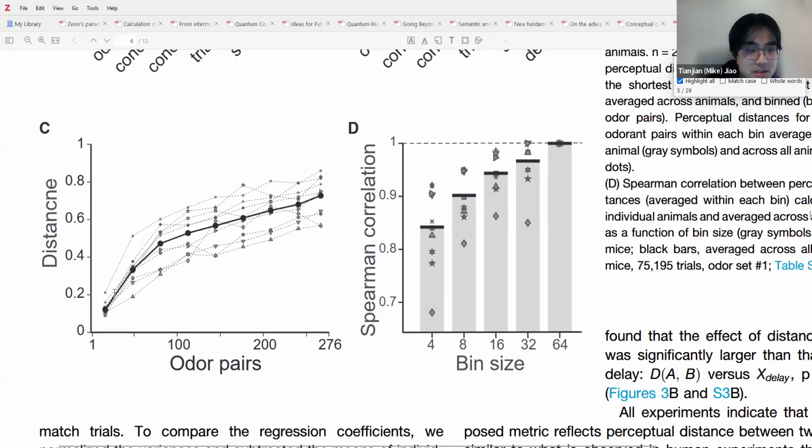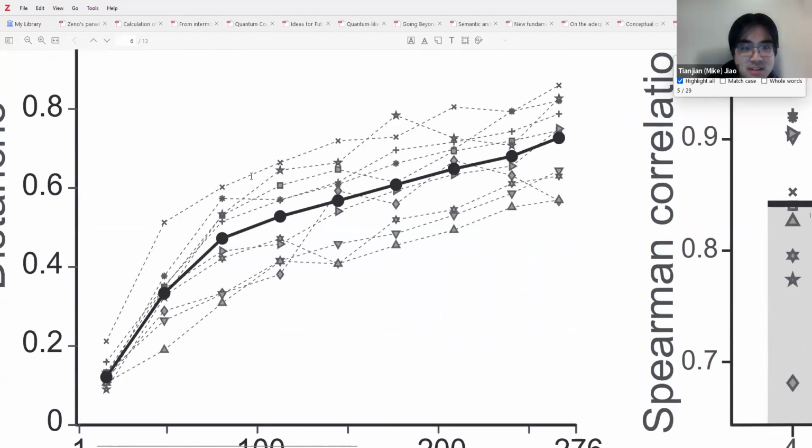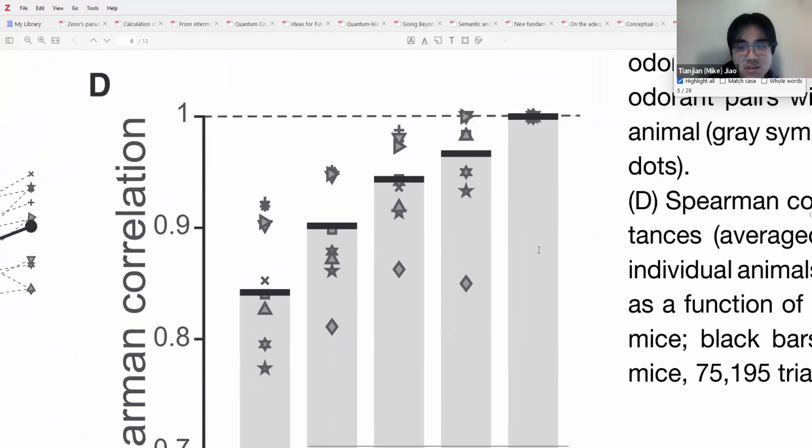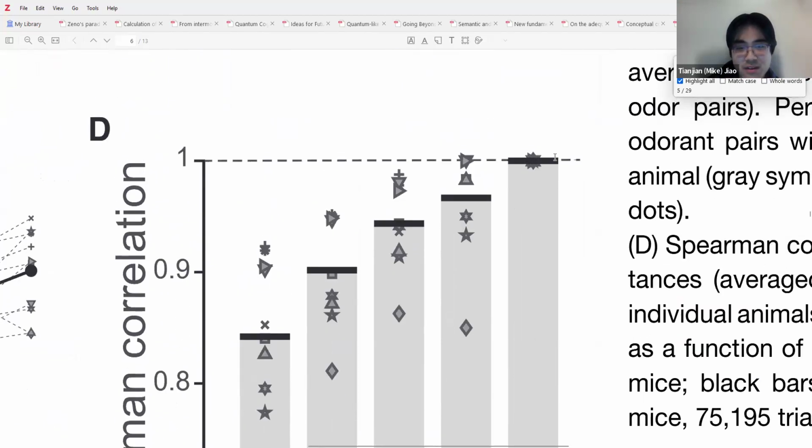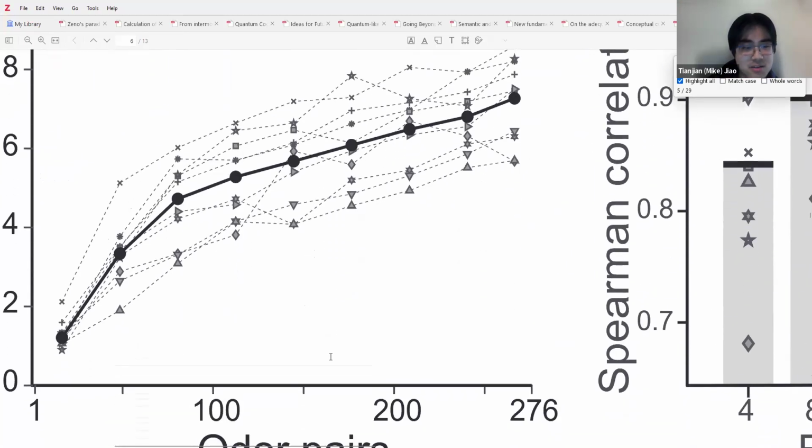So what I mean is, the rat represented by X is consistently rating distance higher than other rats. So if we bin these two data points into one, these two into one, and so forth, it's difficult to imagine the Spearman correlation would be essentially perfectly one between all of these rats, right? Or am I misunderstanding Spearman correlation in some way?